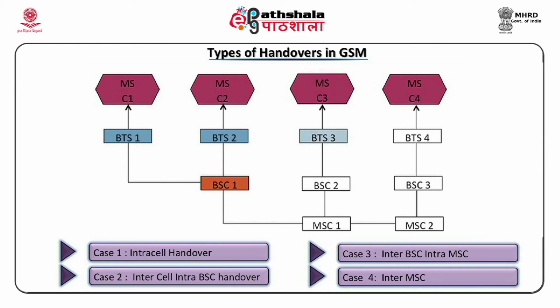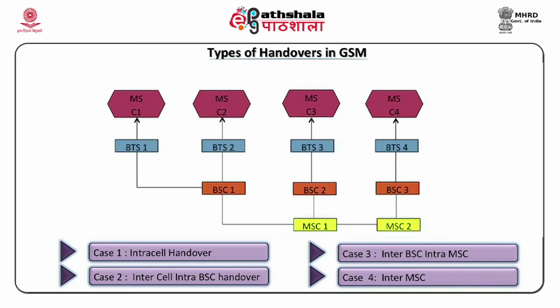BTS 2 is controlled by BSC 2, BTS 3 is controlled by BSC 3. Now, you can see that BSC 1 and BSC 2 are controlled by MSC 1, BSC 3 is controlled by MSC 2. Now, let us see which type of situations it will be intercell, intracell, inter-BSC or inter-MSC.